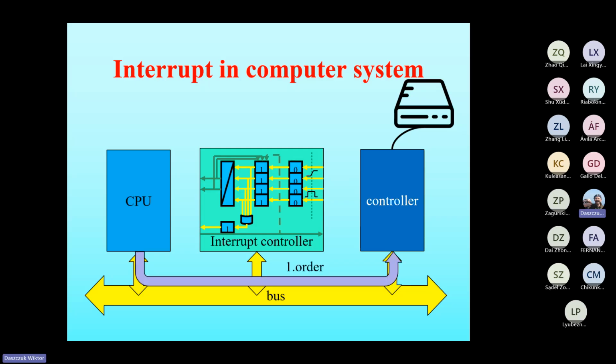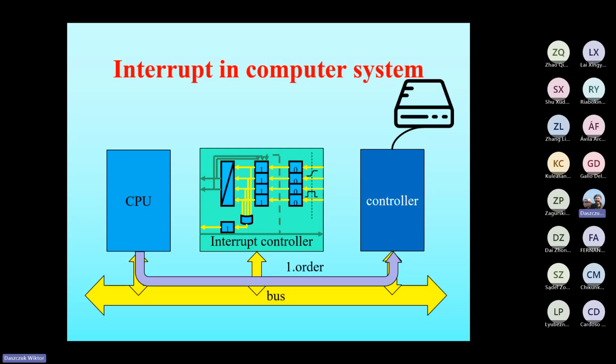CPU programs some operation to be done in the controller of the device, for example, to read a sector from the disk. It needs to provide the address in memory of the data to be written, the number of the sector on the disk, and the direction of the transfer, if it is reading or writing.